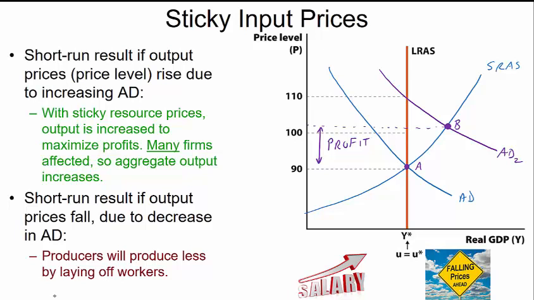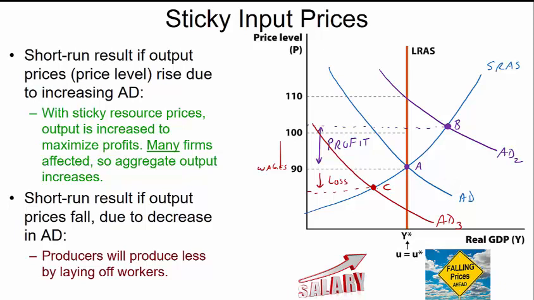Alright, now let's look at the opposite. In the opposite we have aggregate demand falling. Now we have a new equilibrium at point C. Well, at that point wages remain where they were at point A. Okay, so the wages remain at 90, but the output produced is going to go down, and so the opposite of profit is loss.